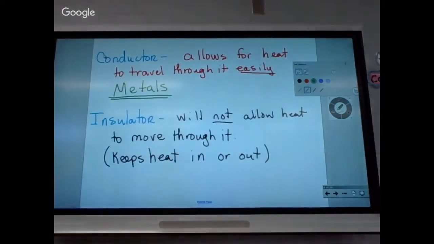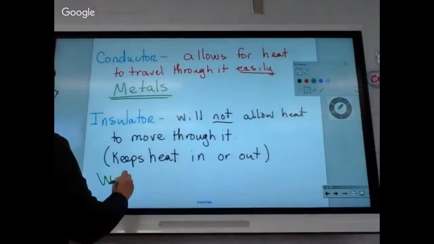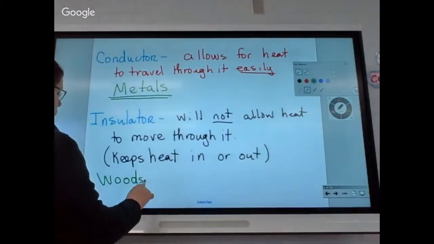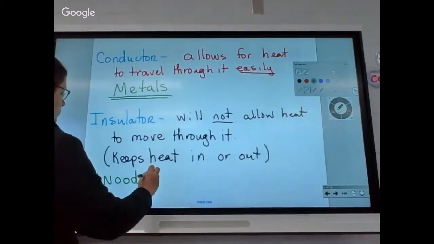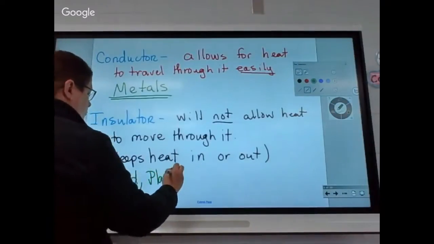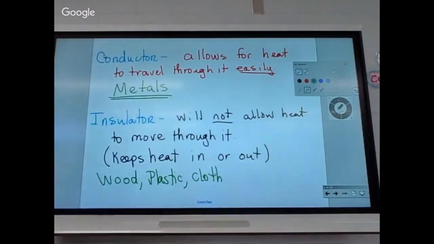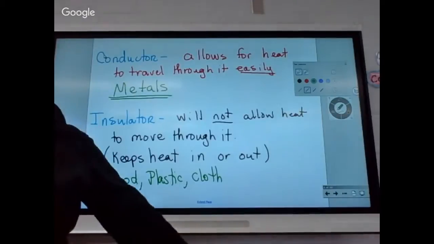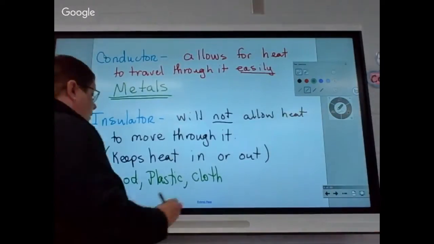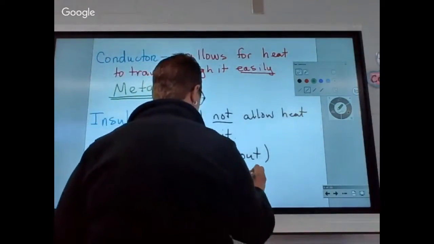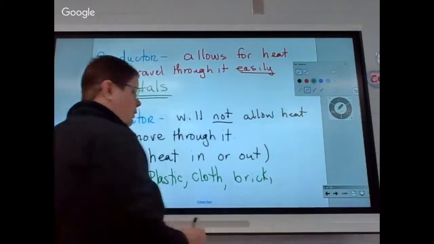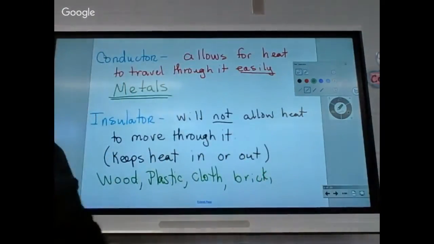So what kind of things are insulators going to be? Wood. That's one example. Plastics. Cloth. I would almost bet y'all have some of this at home in the kitchen.